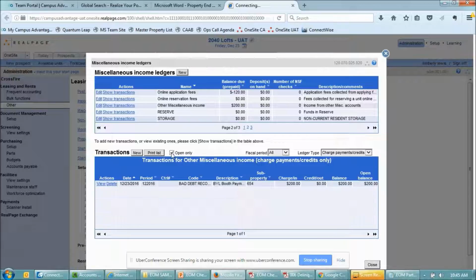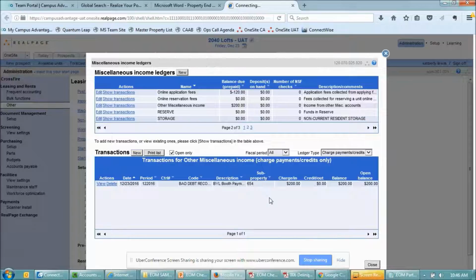You can click that and it'll isolate just the transaction, whether it's a payment or a charge, that is causing that non-zero. In this case, it was a BYL bad debt recovery charge that we entered, but we forgot to put in the payment. No problem, I just forgot to put in that payment. You can use the check scanner to scan to this miscellaneous income ledger. You just identify other miscellaneous income.